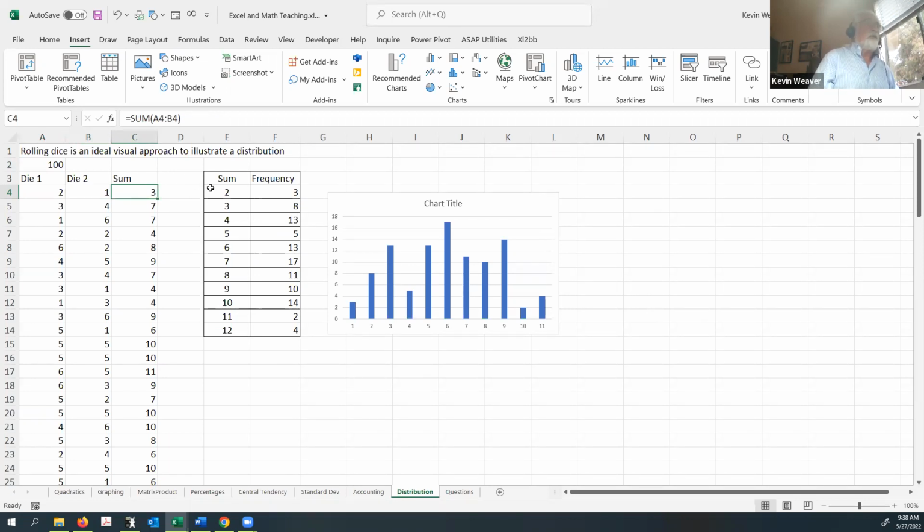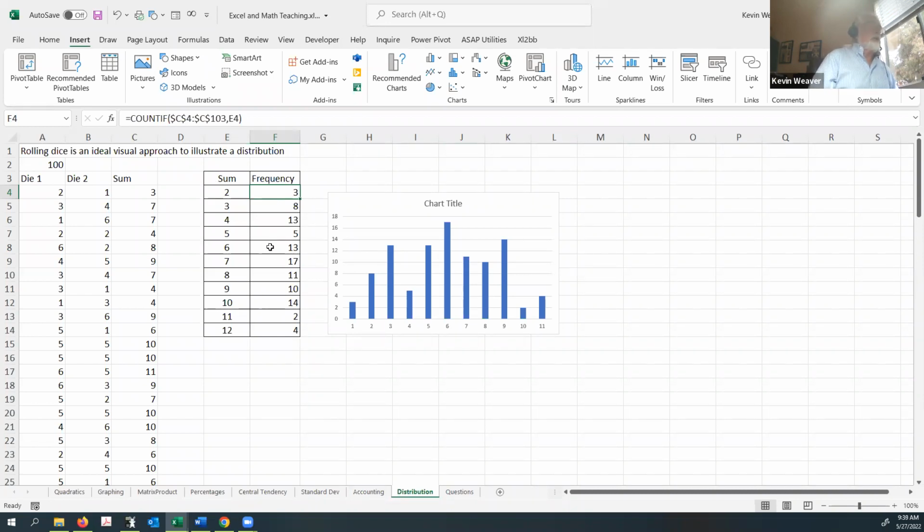And then I decided, well, the sum could range from 2 to 12. I could have used the sequence formula there. And I then wanted to know how many there were, how many 2s.